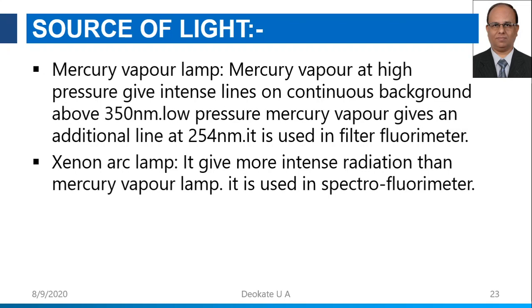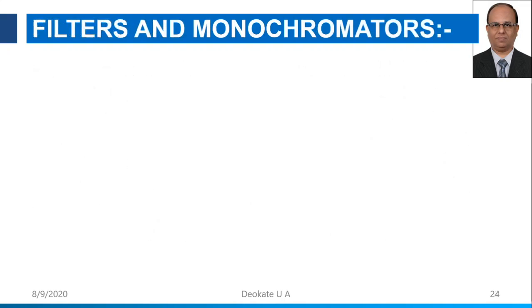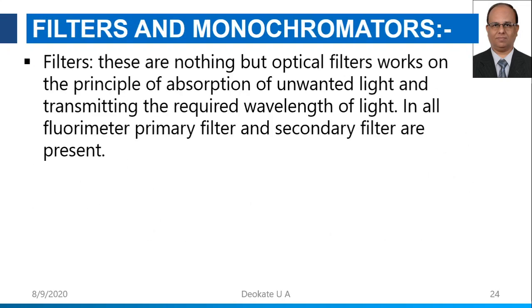So the xenon arc lamp is the only source which you can use in both UV and visible regions. The next one is the tungsten filament lamp. It is used in the visible region, where excitation is to be done in the visible region. It is used in low cost instruments, where we use filter fluorometers as low cost instruments.